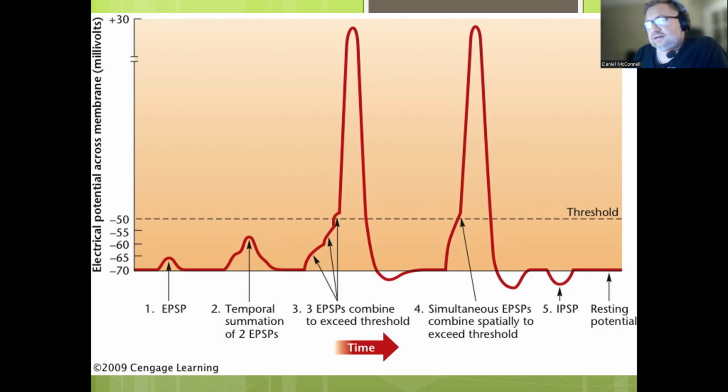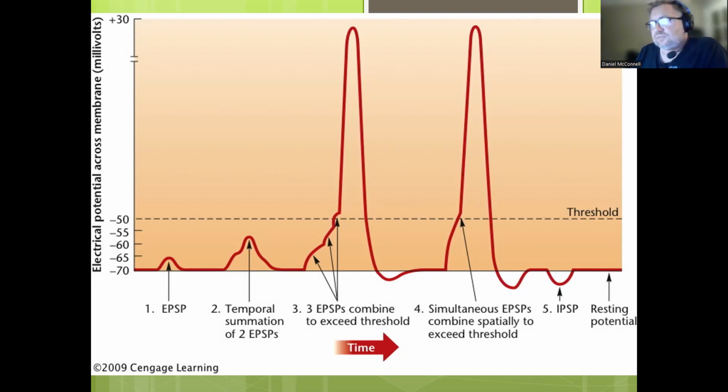Again, that's not enough to activate this neuron because we still haven't crossed the firing threshold. But now at point 3 on this graph, what if we combine 3 stimuli? So we get 3 excitatory stimulations here, 3 graded potentials, and together, because they are slightly delayed, so they're still overlapping each other a little bit here, they add together their effects, and now we have hit that negative 50 activation threshold. And now we're going to see a typical action potential occurring in that neuron, right?